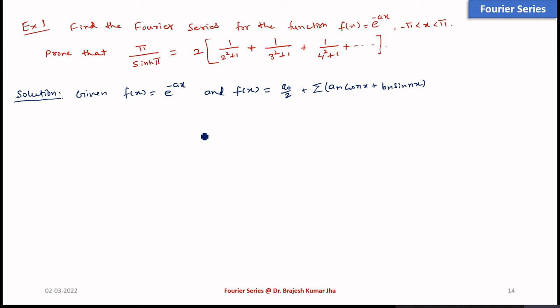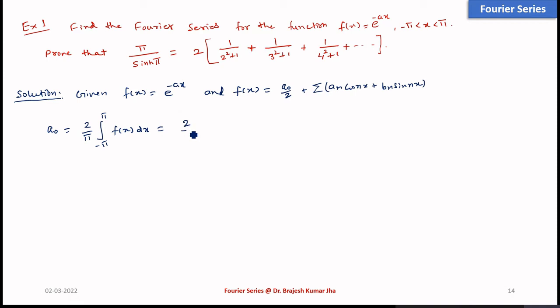Our purpose here is to get all the Fourier coefficients. To get this, first we write a0. a0 is 2 upon pi from minus pi to plus pi f(x) dx. Always write the formula first. So what we get?